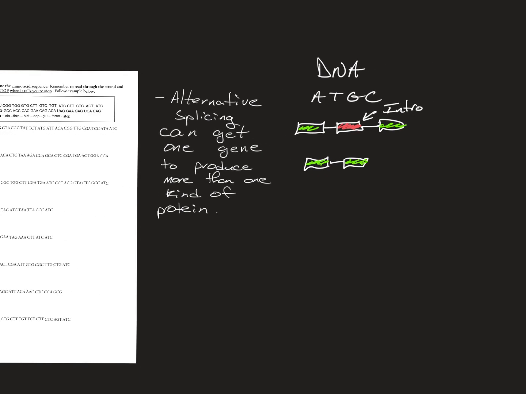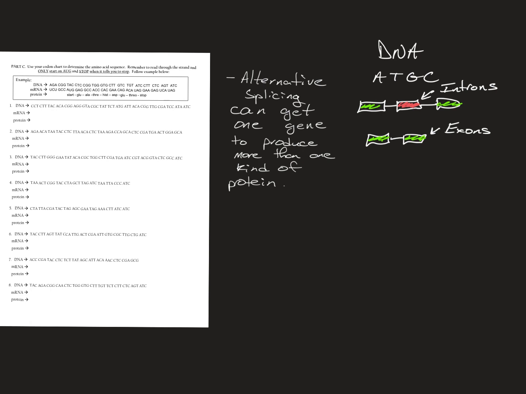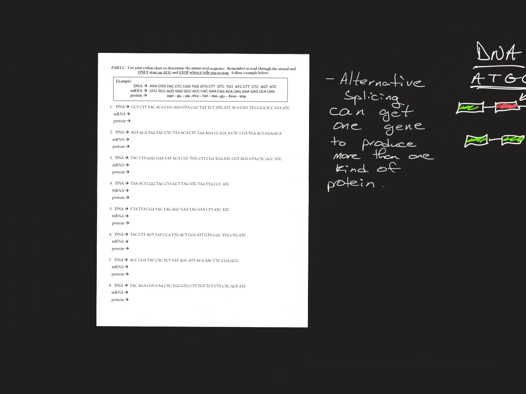I understand why. And these are exons. They're called exons because they're expressed. They're sections of DNA that are expressed. They actually become part of the RNA, where the introns don't. But we can cut them up this way and make one protein. We can cut them up a different way and make another protein from the same gene, from the same DNA sequence. Other organisms don't do that. So alternative splicing gives us an advantage.